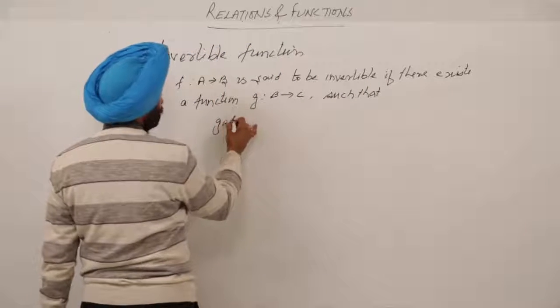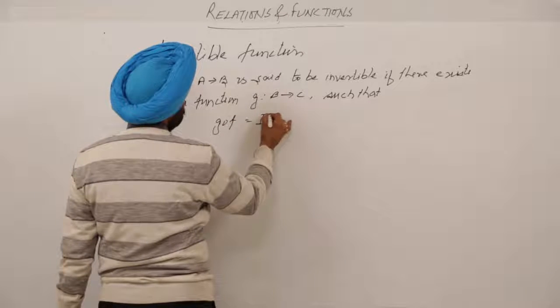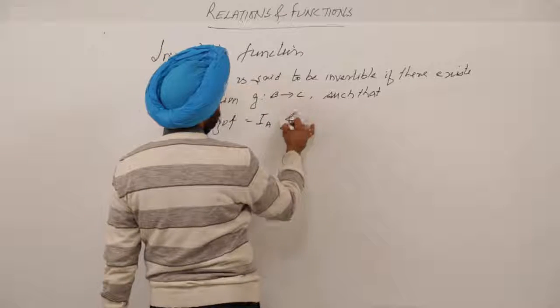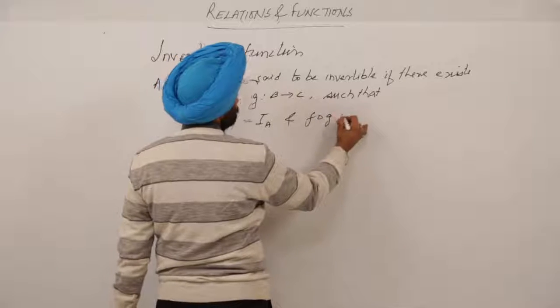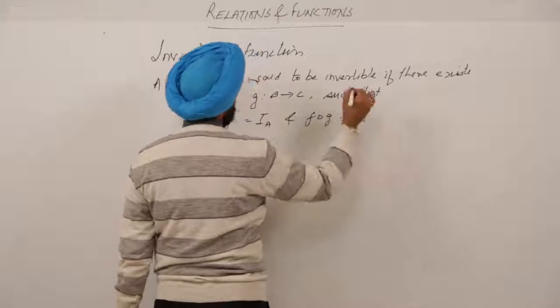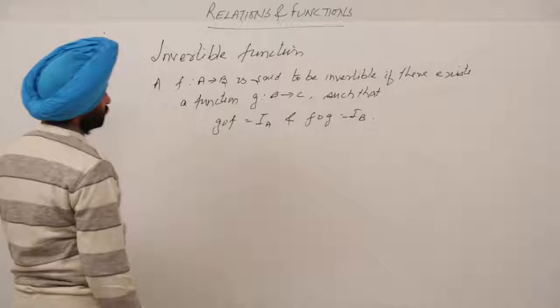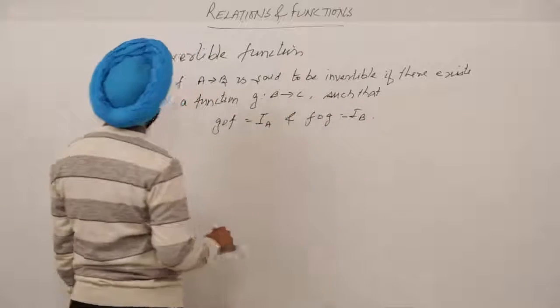the composite function g∘f is equal to I_A and f∘g is equal to I_B. You can go through the definition of the invertible function.